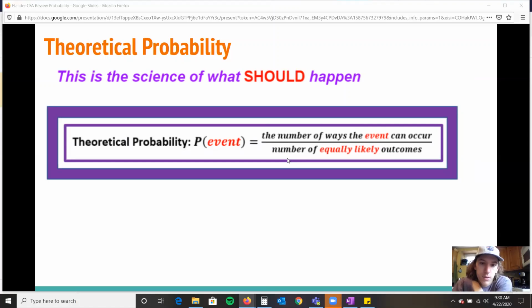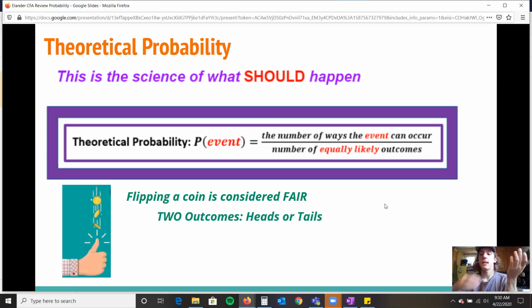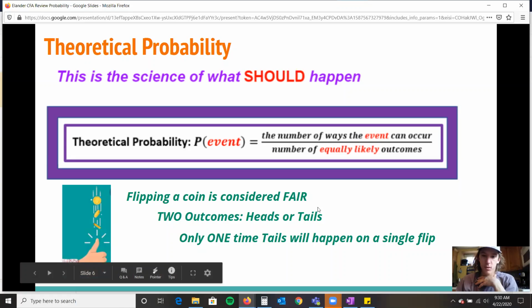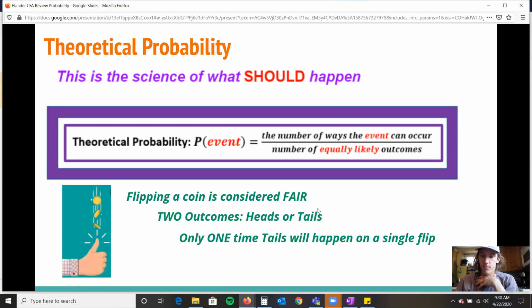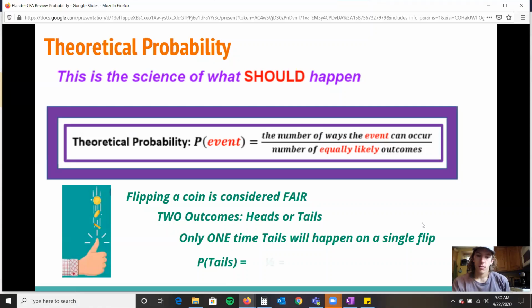So let's check that. It'll be easier if I show you what I mean. Flipping a coin is considered fair because there are two outcomes, heads and tails, right? As we even did ourselves in class. Only one time tails will happen on a single flip. So probability of tails is going to be 1 out of 2, right?